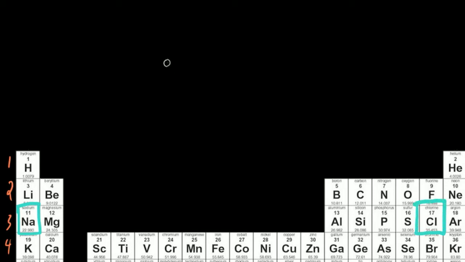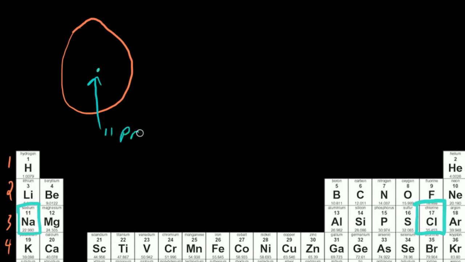One of the things I thought about when I was first learning about ions was this. I'm not going to draw a real accurate representation of the atom, but what defines sodium is the fact that inside this nucleus, and we're not going to worry about the neutrons, just the protons, there are 11 protons.